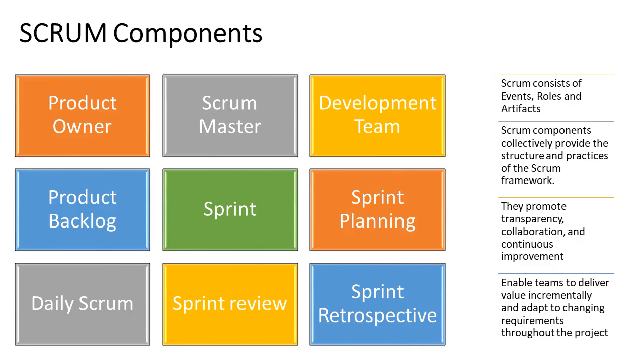Artifacts are key outputs in Scrum, including the product backlog, a prioritized list of features, the sprint backlog, a set of tasks for the current sprint, and the increment, the sum of all completed work in the sprint. Together, these components help Scrum teams stay organized, transparent, and adaptable, delivering value efficiently in each sprint cycle.